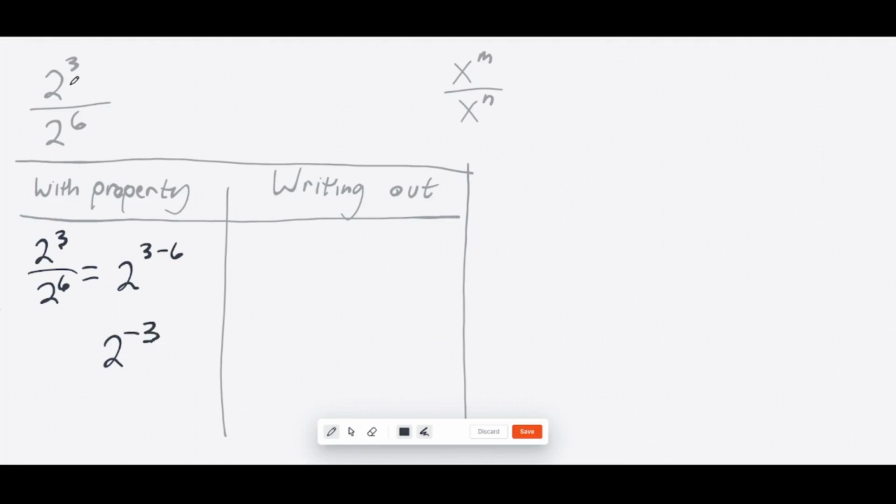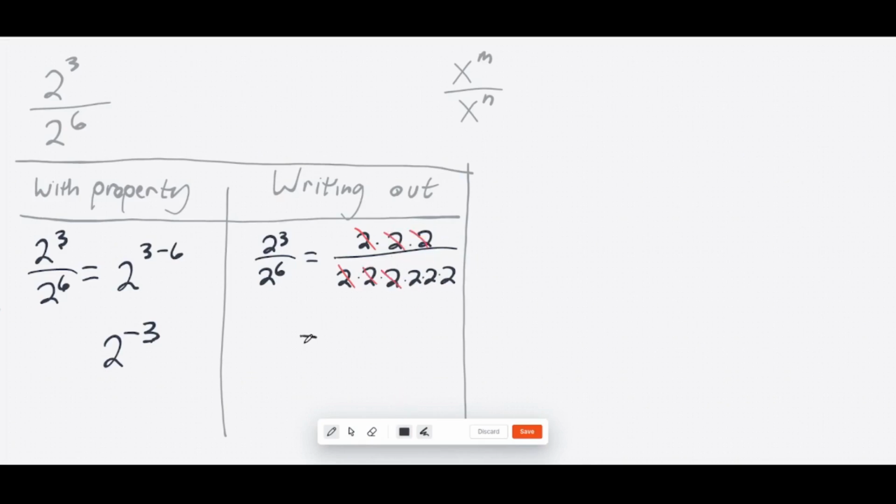Well, the way to make sense of it is to do what we did before and write the whole thing out. So 2 to the third over 2 to the sixth, if we write that out, is equal to 2 times 2 times 2, 3 times in the numerator, and then 2 times 2 times 2 times 2 times 2 times 2, 6 times in the denominator. And we cross these out, so that crosses with that. What are we left with?